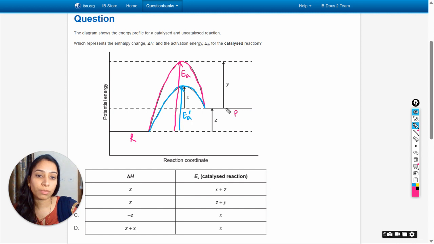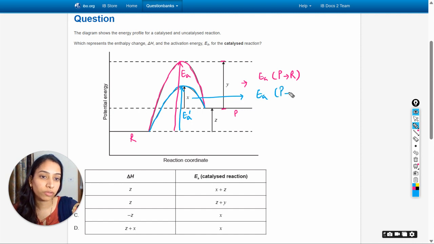Y arrow is from products to the top of the pink graph, which means this shows the activation energy for the reaction from P to R when there is no catalyst, and X shows the activation energy for reaction from P to R when catalyst is used.